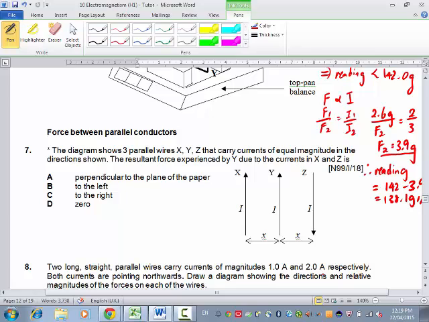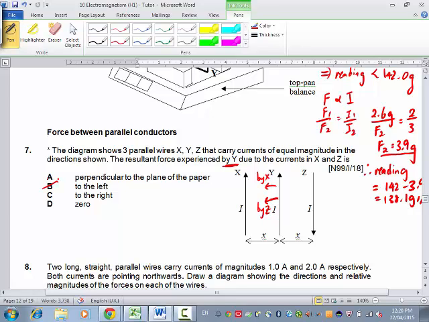Okay, question 7. They ask for the force by Y. They are interested in Y. We know that X and Y attract each other. That's by X. Then by Z is a repulsion. So you can see that the force on Y is to the left.